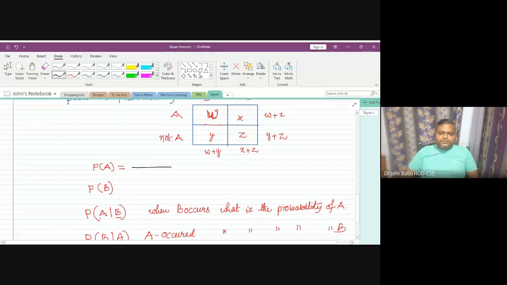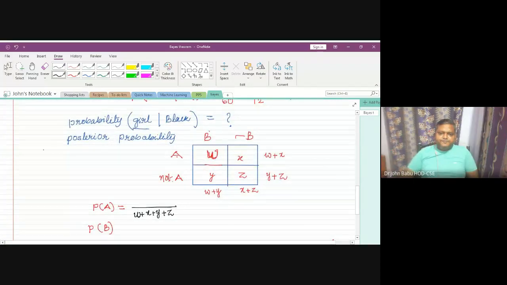The total is W plus X plus Y plus Z. And what are the A values? A and B together W, plus not B will also be A. So A values are W plus X.